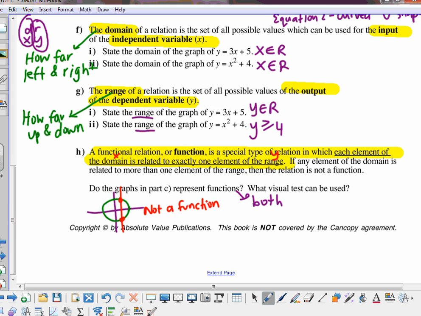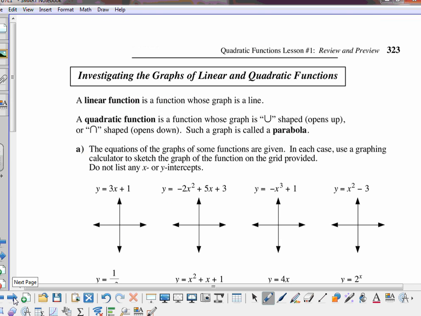Okay. A linear function is a function whose graph is a line. We studied those last year. A quadratic function is a function whose graph is U-shaped. It either opens up or opens down, so it's going to be either like a smiley face or a sad face.